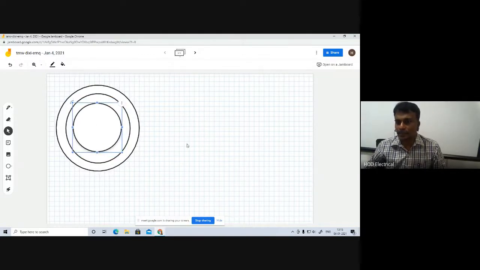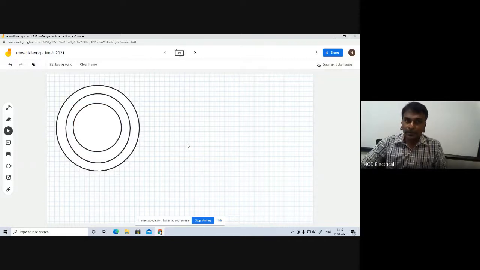Now this rotor has one winding. The stator also has one winding.